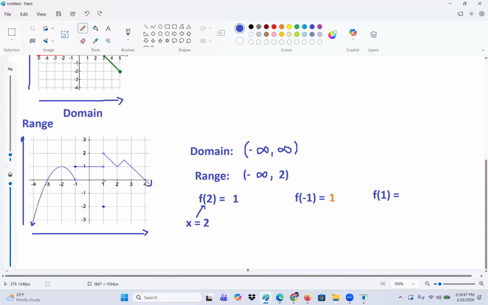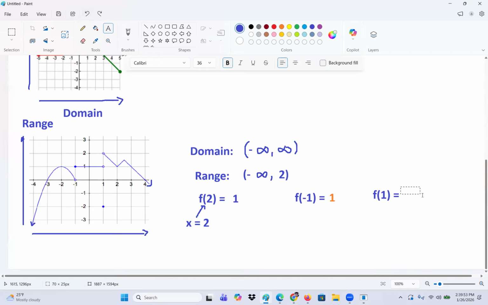We only count the last one, when y equals negative 2. Okay, that is what it is. Any questions?